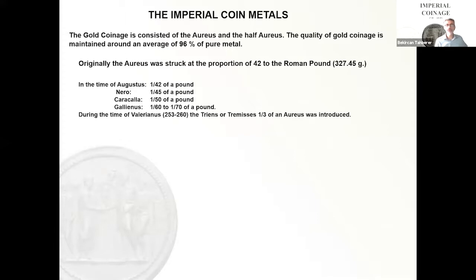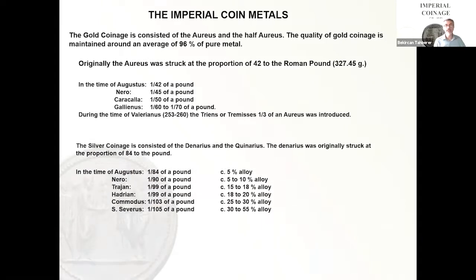Originally, the aureus was struck at the proportion of 42 to the Roman pound. So for Augustus, it was 1/42 of a pound. During Nero's time, 1/45. Caracalla's time, 1/50. Gallienus's time, 1/62, 1/70. And then during the time of Valerianus Senior, they even issued smaller denominations because they needed smaller denominations in precious metal.